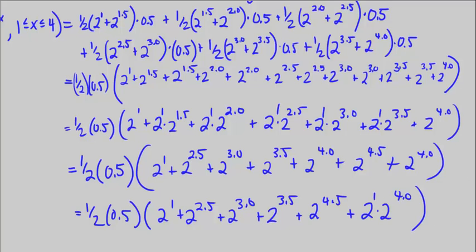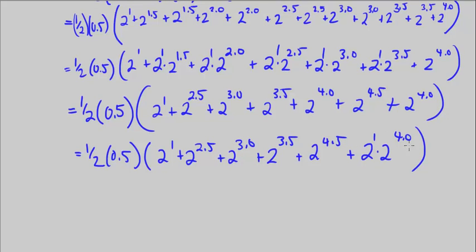And that's the same as 2 to the 1 times 2 to the 4.0, which is the same as 2 to the 5.0, right? So let's go ahead and write it as 2 to the 5.0, right? And that's combined from these two here, right? And they make 2 to the 5.0.